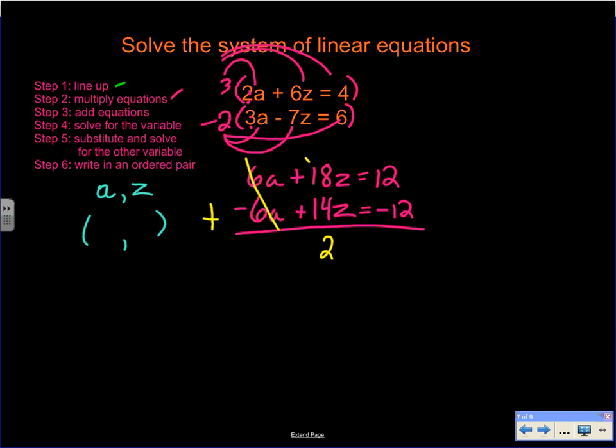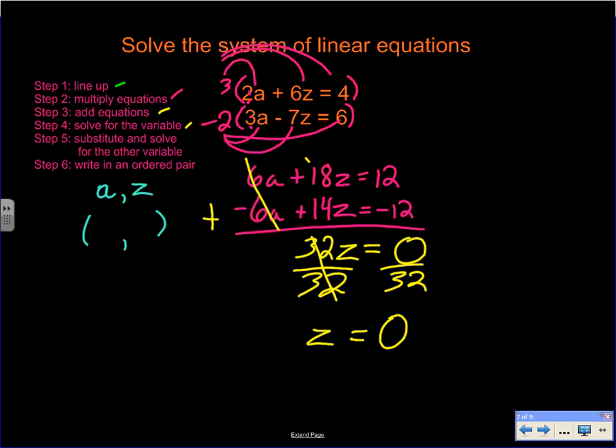Carry your 1. 1 plus 1 plus 1 is 3. 18 plus 14 is 32. 32z. 12 plus negative 12 is 0. Equations added. Step 4, solve for the variable. I think we divide by 32. z is equal to 0 over 32, which is 0. So let's go ahead and write that into our ordered pair. z is equal to 0.